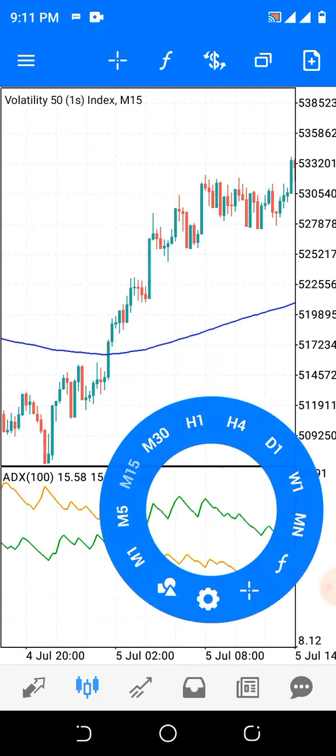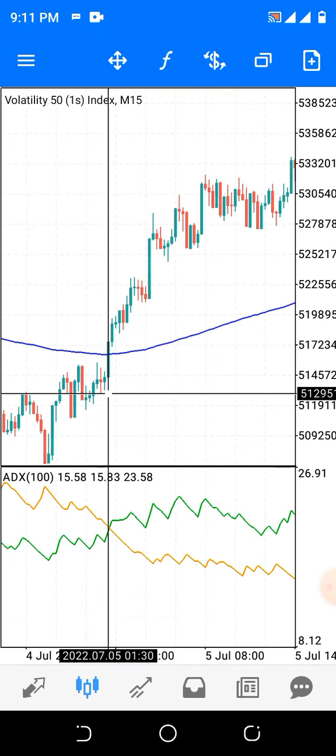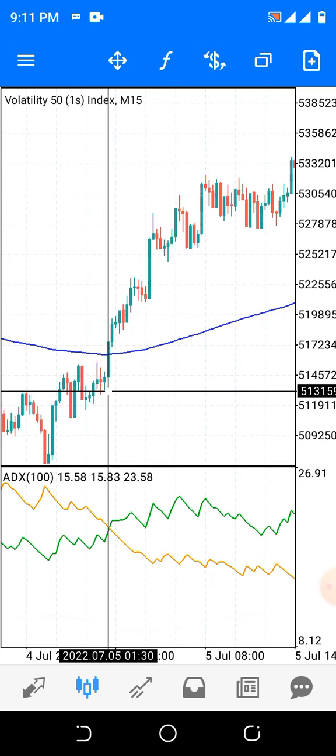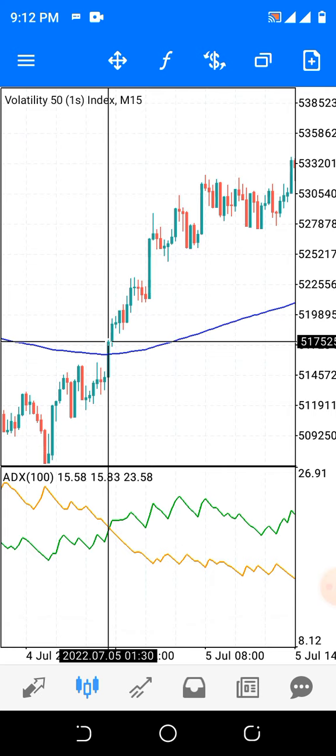Now here is another one. This is where the crossing occurs. If you trace this, you see that this candlestick closes above the moving average. So it obeys the two conditions, and you take your trade.